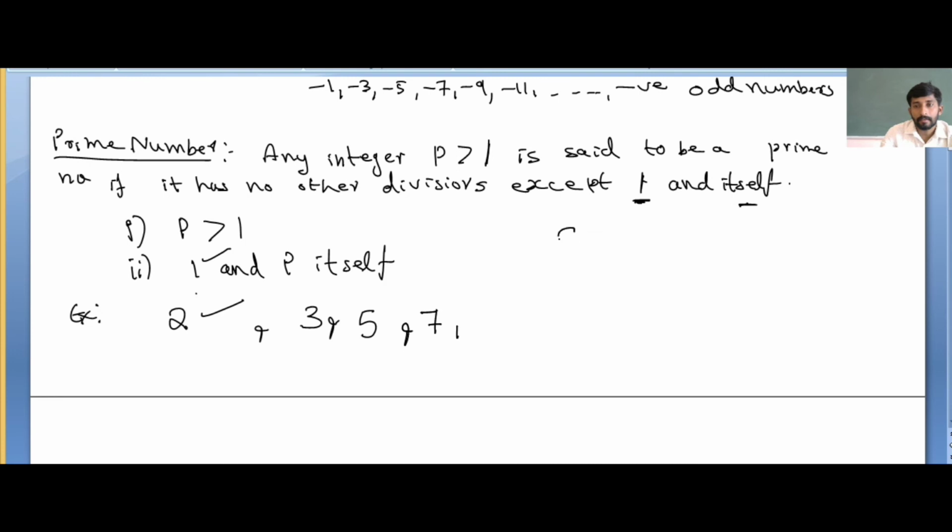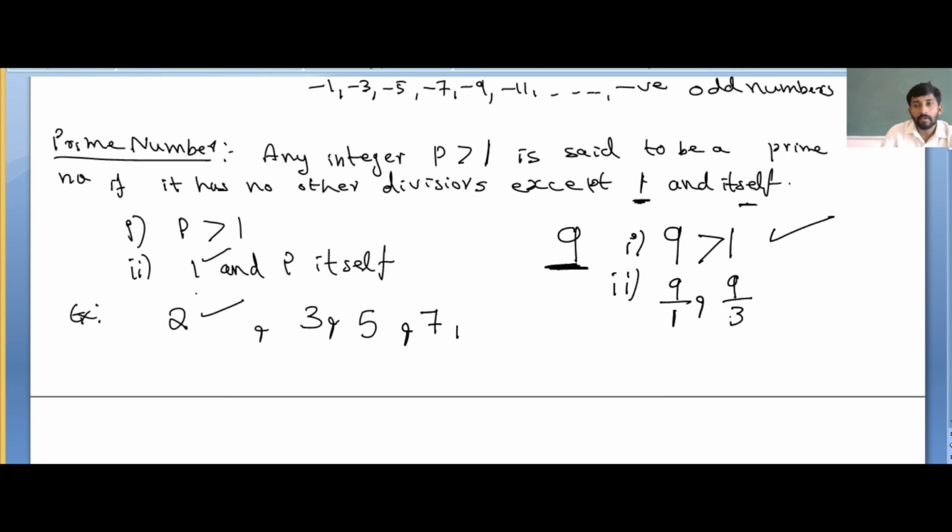Then check 9. It's a very important case. Is 9 a prime number? Check. The first condition is 9 is greater than 1. Okay, your number is greater than 1. The first condition holds. Then tell me the divisors of 9. The first one is 1. 1 divides 9.